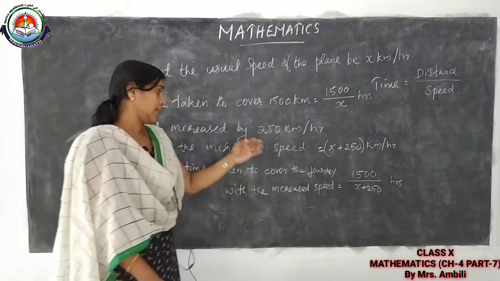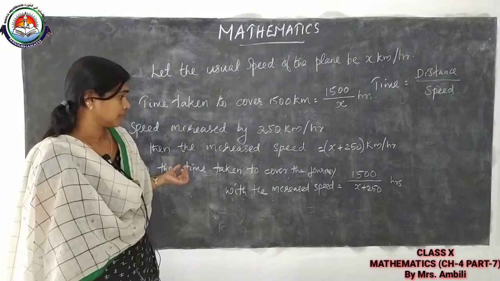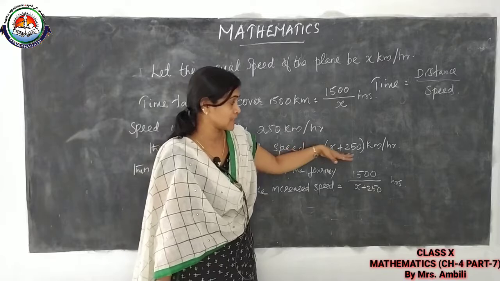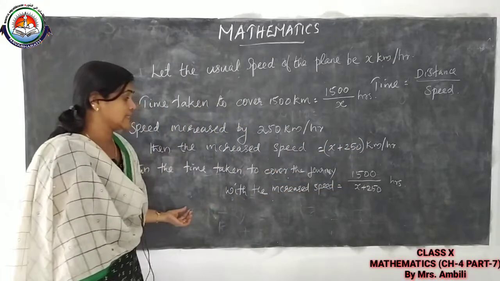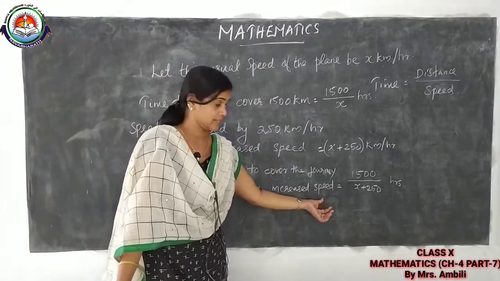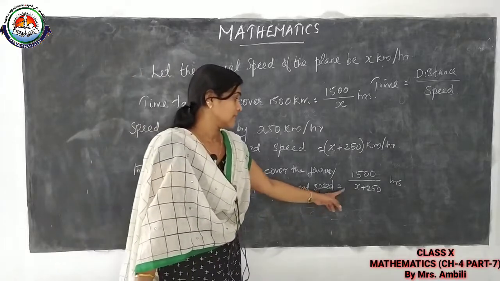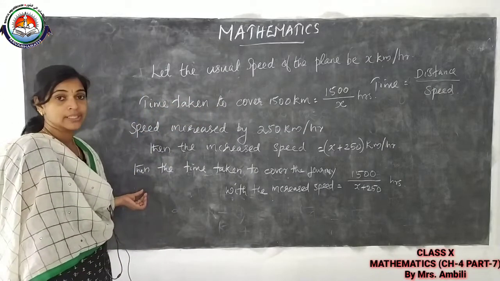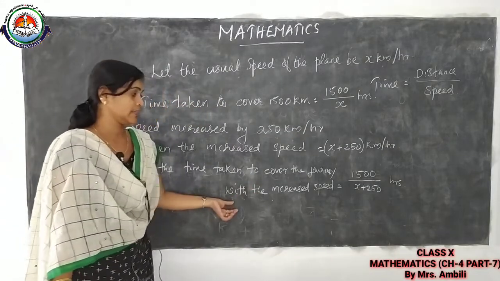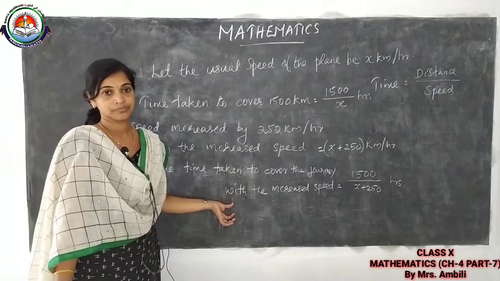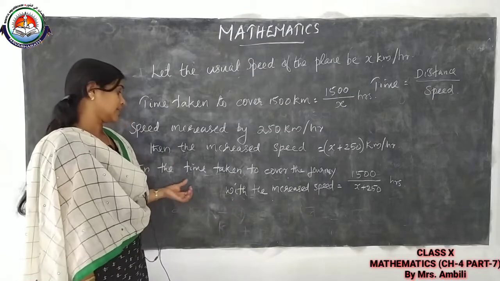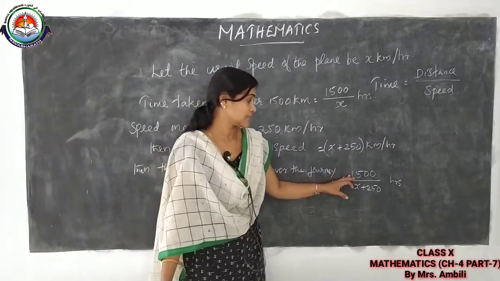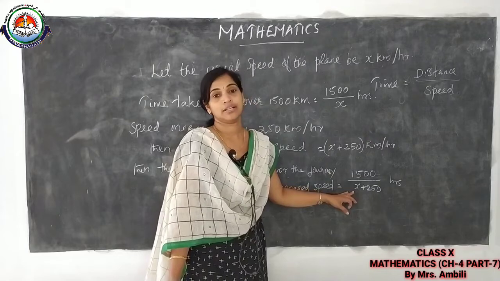If the speed of the plane is x plus 250 km per hour, then the time taken to cover the same distance with the increased speed equals 1500 by x plus 250 hours.